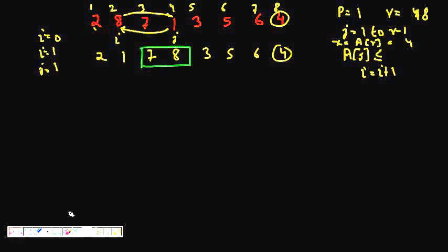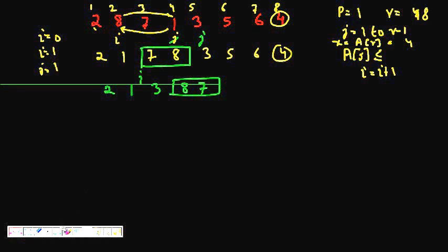Then what we do again, next one, j now becomes 5, it goes here. If a of j is less than or equal to pivot, and it is so, we again swap a of j and a of i plus 1. So we make i equal to i plus 1, i comes here, and we have 2 1 3 8 7, and the window like this.